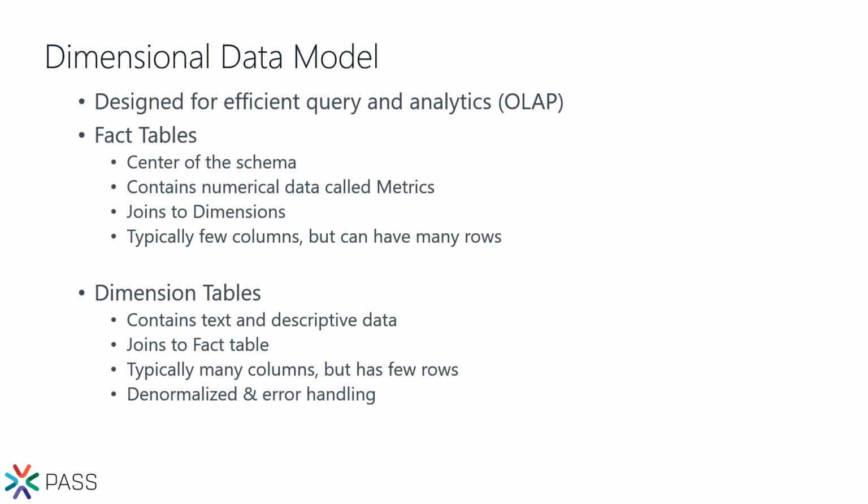Analytics is often referred to as OLAP, online analytical processing. The dimensional data model comes with two aspects: fact tables and dimension tables. The fact table is the center of your schema. It contains much of your business data, which can be used as metrics.